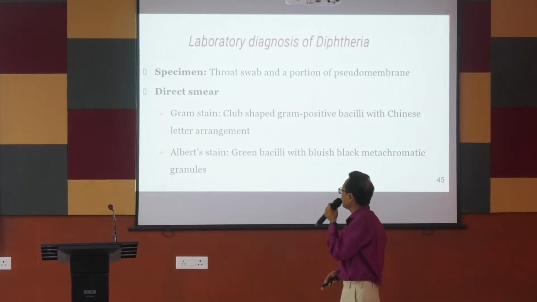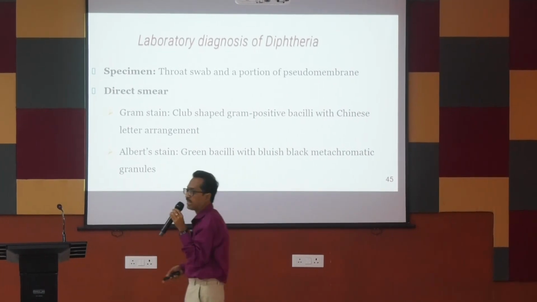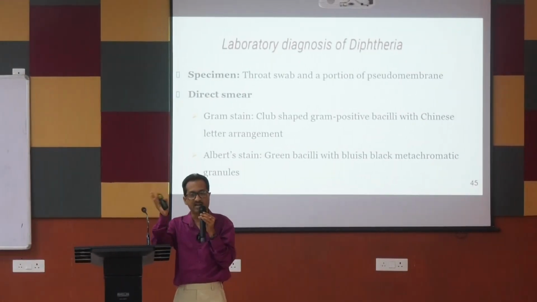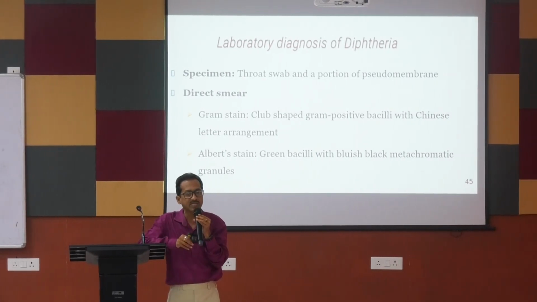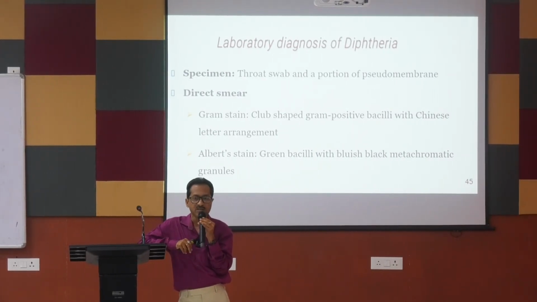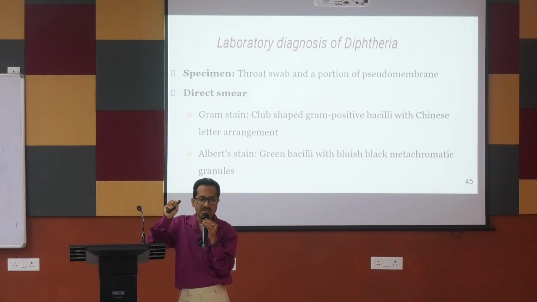So what specimen will you send for Corynebacterium? Whether it is other bacterial pharyngitis or diphtheria, the specimen is the same. A throat swab, a swab from the tonsillar fossa, or part of the bed of the membrane can be taken as a sample. Now, at least 2 swabs.